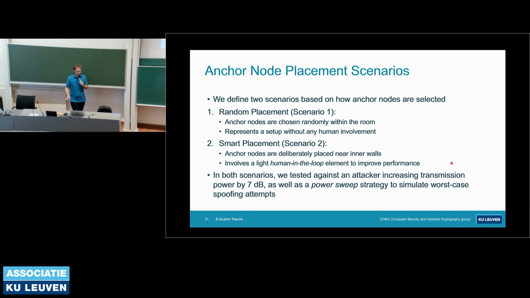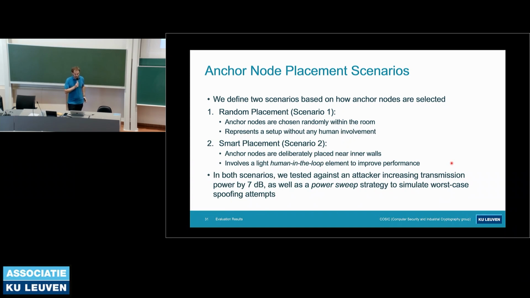We also tested something we refer to as smart placement, where we deliberately move the devices to see how we can position them to give us better improvement. We refer to this as a human-in-the-loop element, so it's not completely zero-touch in this scenario. The user would need to move some things around, but it's still interesting to see how moving certain devices can change the results.